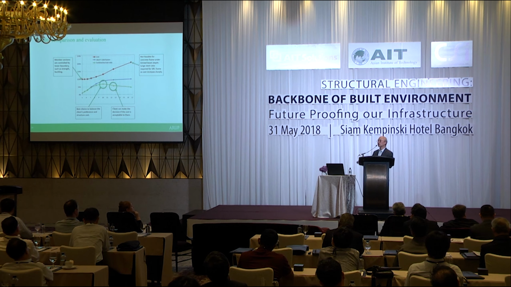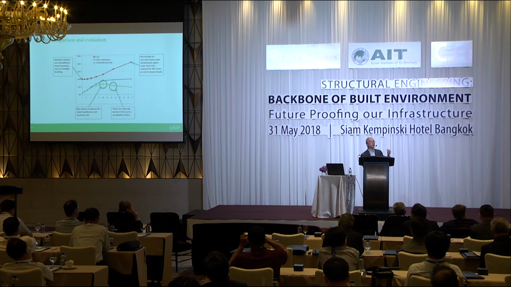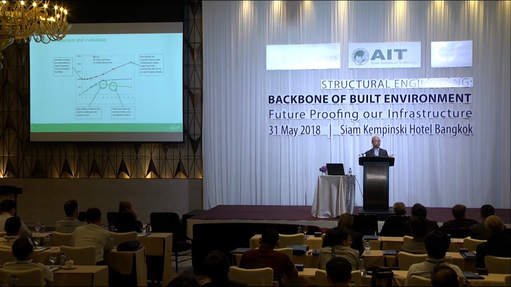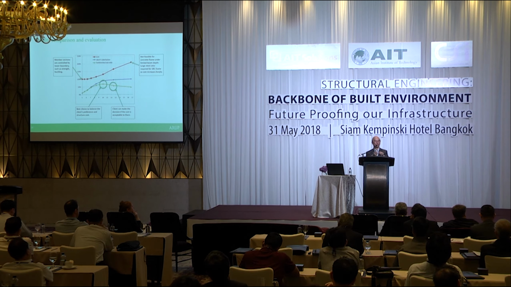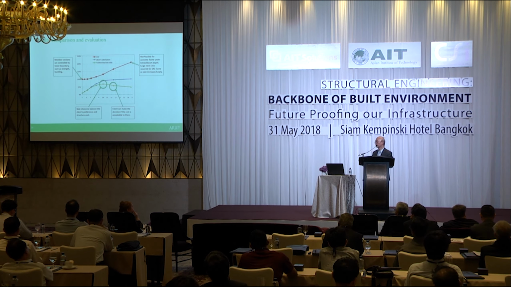So it's not just what the structural engineer thinks is the best, but it's a solution I can table. We can make a discussion with the whole design team and then get the best solution that all the parties are happy with.